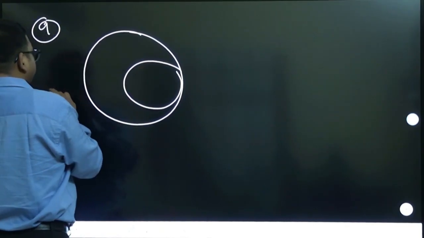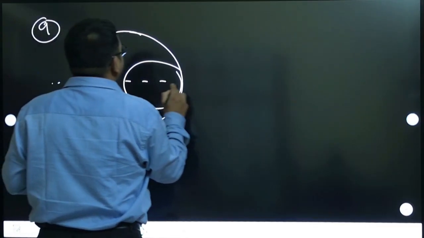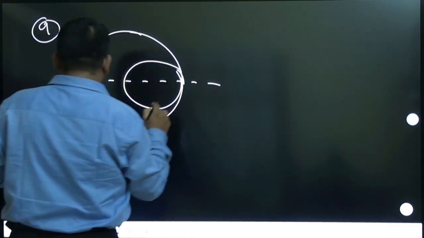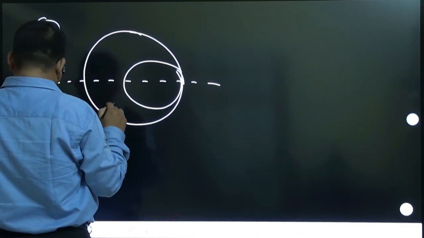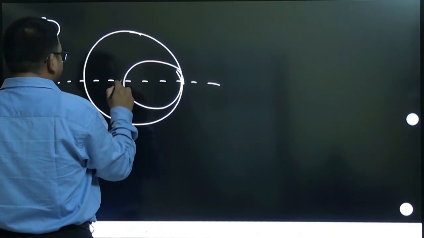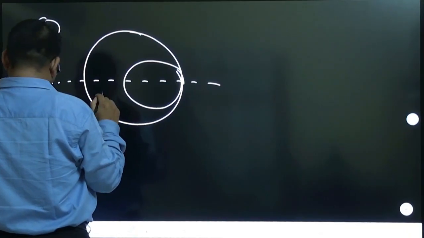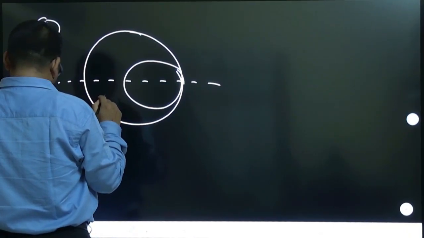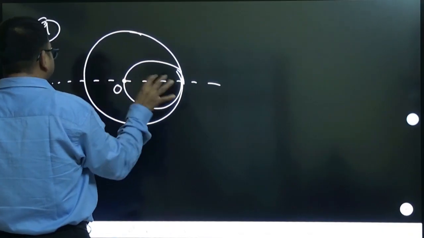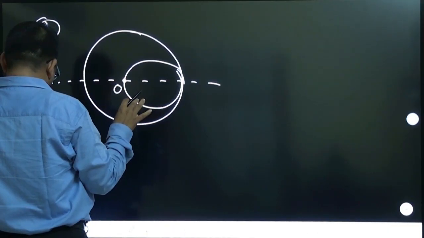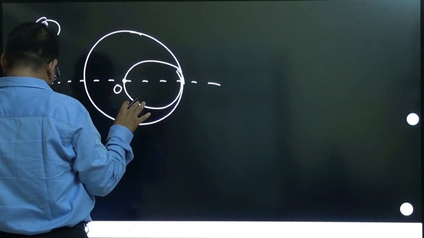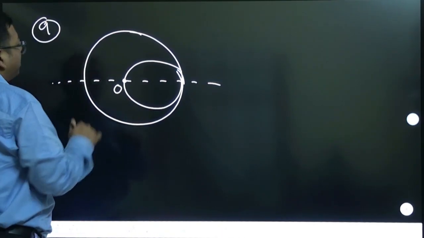So the axis is in the plane of the disc. This is the axis, passing through its center. A small circular part of radius R by 2 is removed. So this is the center of that. This R by 2 is removed from the original disk. Find the moment of inertia of the remaining part of the disk about the same axis.